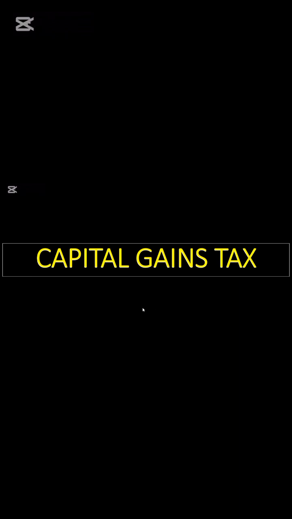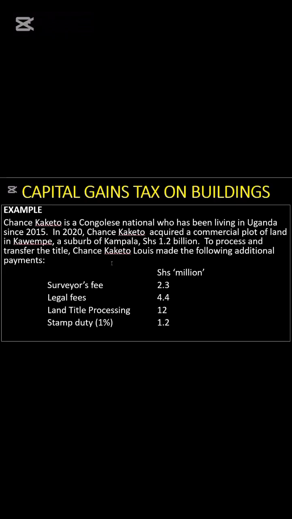So today we want to look at a certain scenario specifically about capital gains tax. We have an example here that is talking about the disposal of a building. Let us go through it very fast and then we look for its solution.